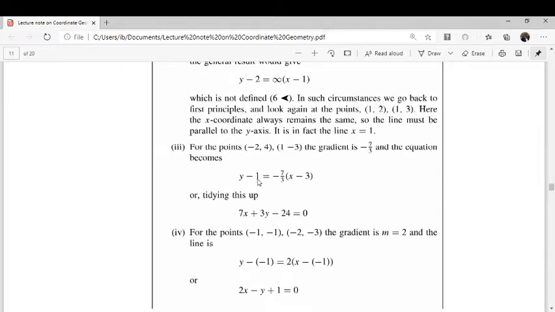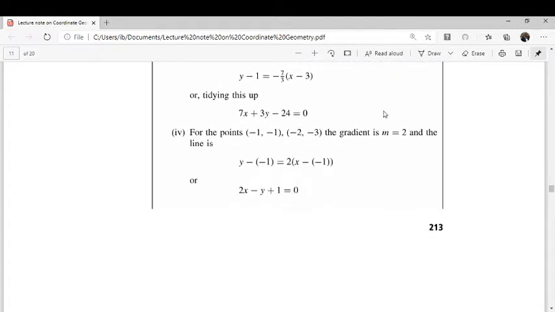This is S1, this is Y1. So when you substitute it, you have this. This is the gradient, and this is the equation of the line. It is the same way with this one. The gradient is 2, and for the equation of the line, substitute it into your formula. This is your S1, this is your Y1. So when you substitute it, you have that.